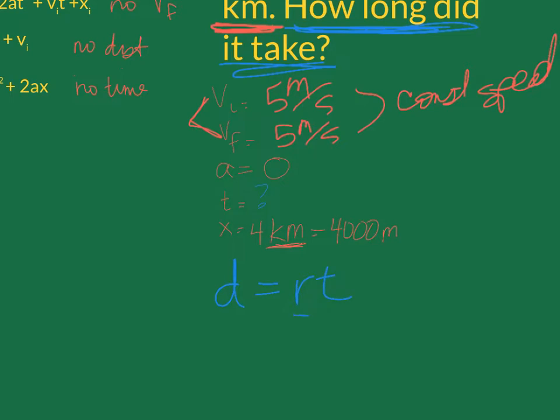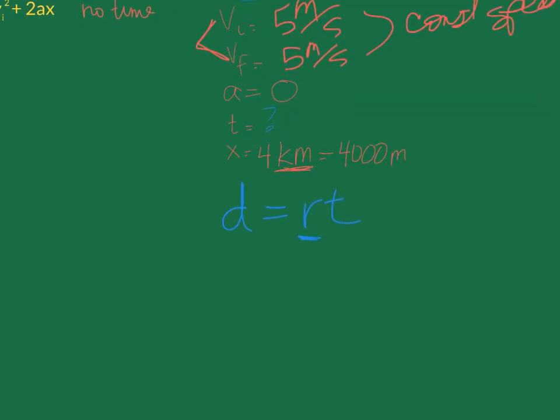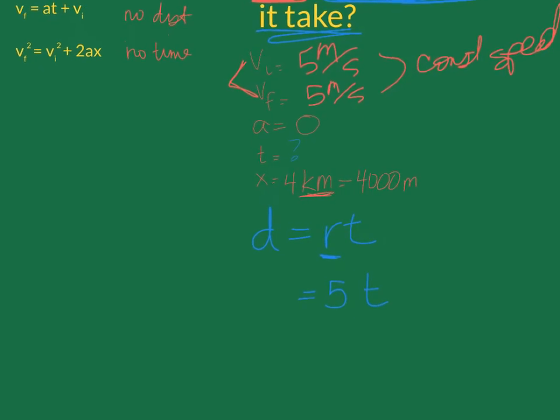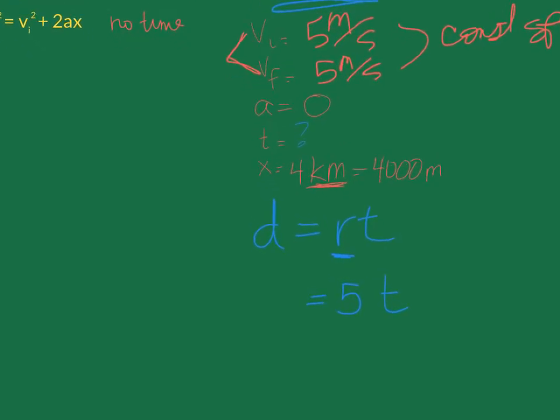Okay, so remember that rate is a speed. How fast were we going? We were going 5 meters per second, and we're looking for the time. So what do you think we're going to put in for D? How far did we go? What was our distance? That's the 4,000 meters.